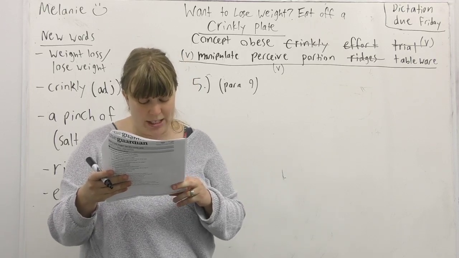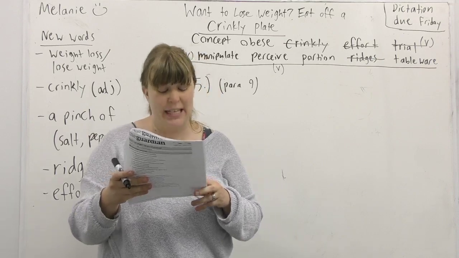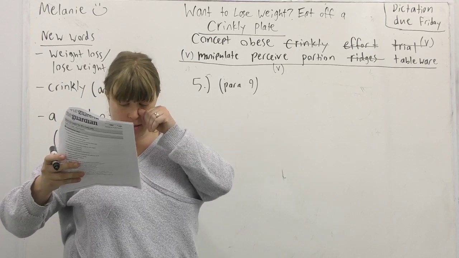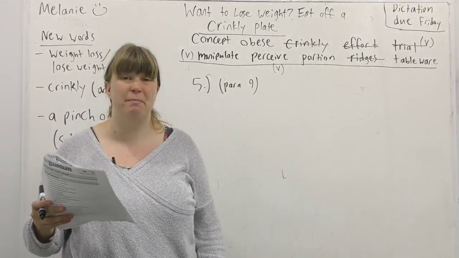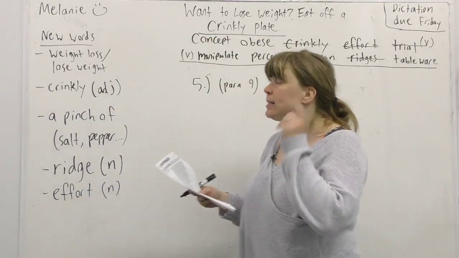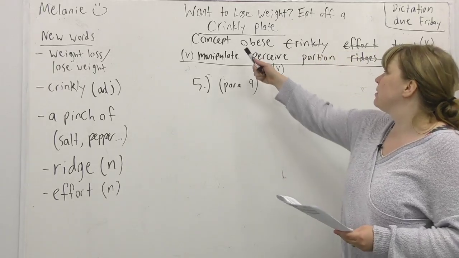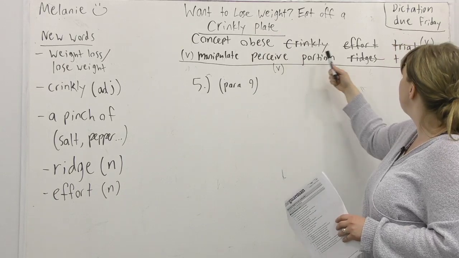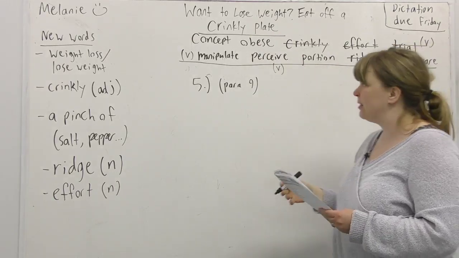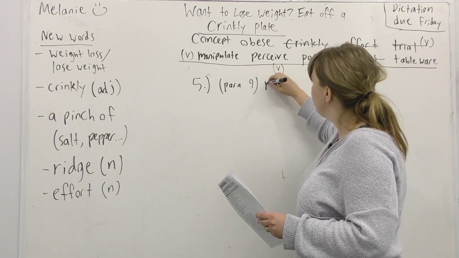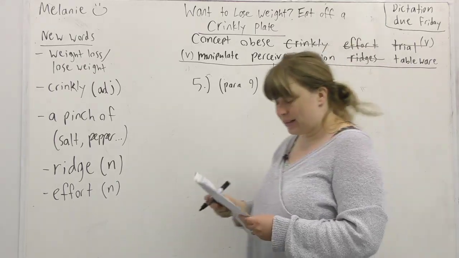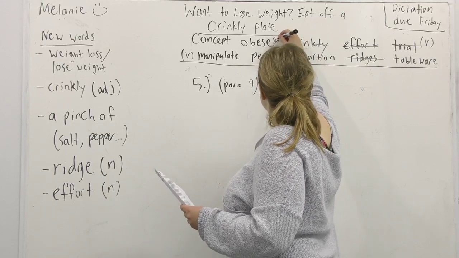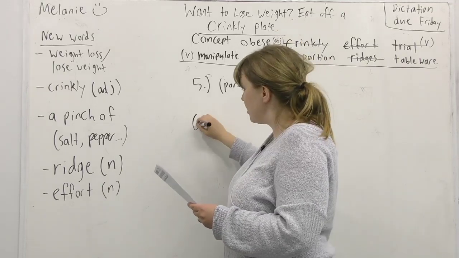If you can trick their brains into believing that they have a nice big portion on their plate, they will think they have eaten a full meal." Okay, so what word did you hear there? Was it concept, manipulate, obese, perceive, portion, or tableware? It's going to be a noun. That's my hint. Yes, adjective.